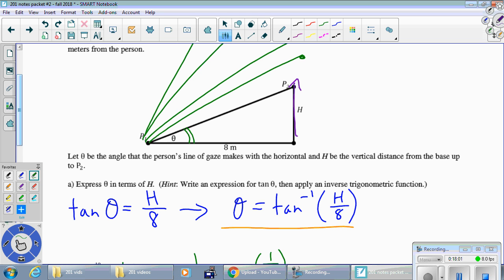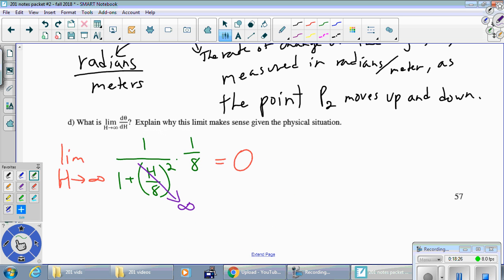Well, this person can only look so high, right? They can only look up almost at a right angle. And if you imagine this point is like a mile up the wall or 2 miles up the wall, and it just keeps moving up the wall, you're hardly going to move your head at all once it's really far up that wall. And so the rate at which your angle is changing is approaching 0. At some point, basically, your head is hardly moving at all. And so that's the d theta dh.